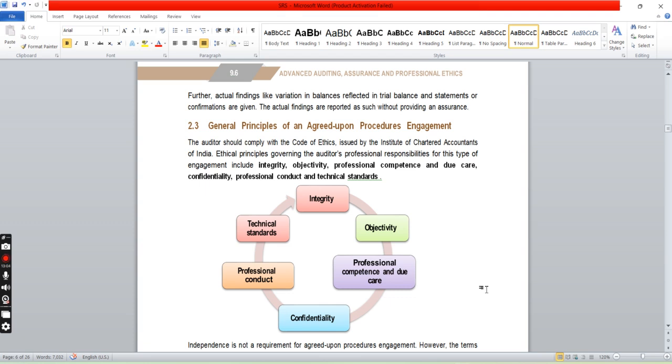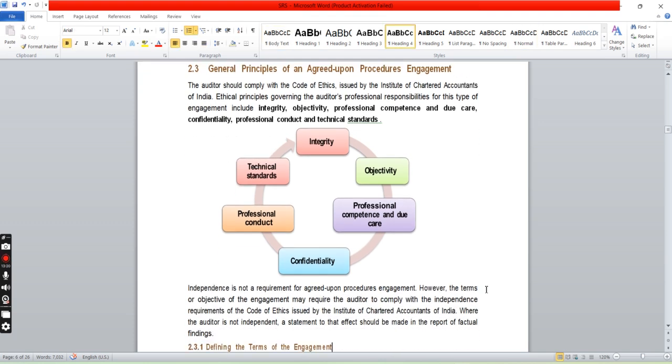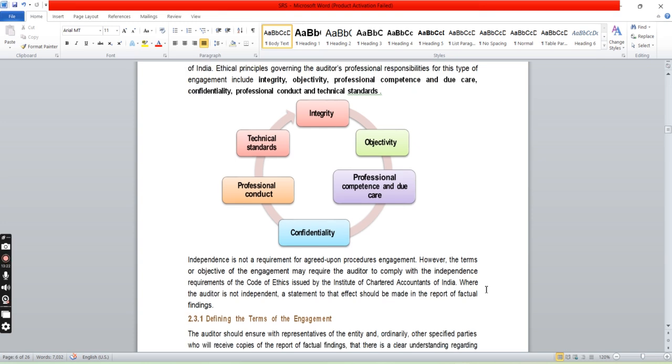For this type of engagement these include integrity, objectivity, professional competence, due care, confidentiality, professional conduct, and technical standards. This is the code of ethics issued by the ICAI.